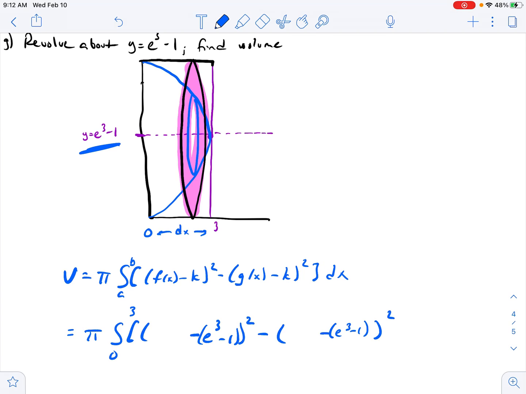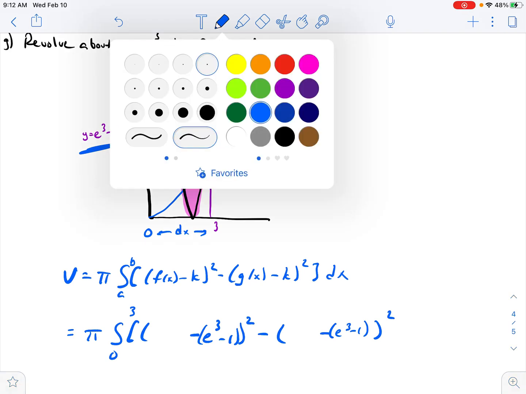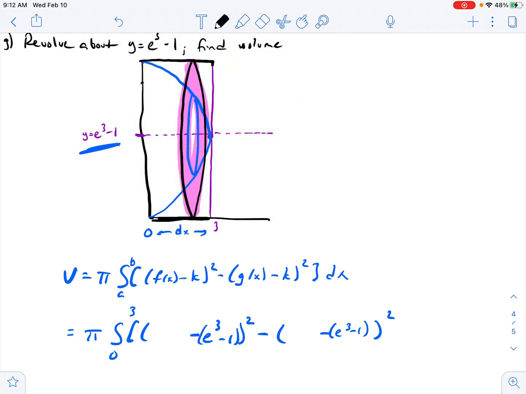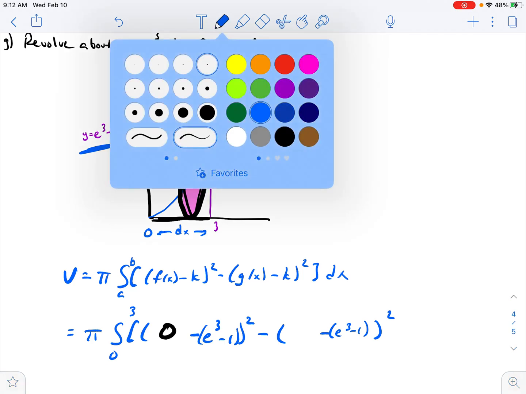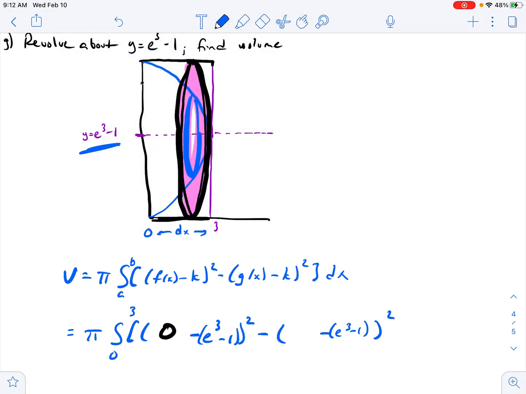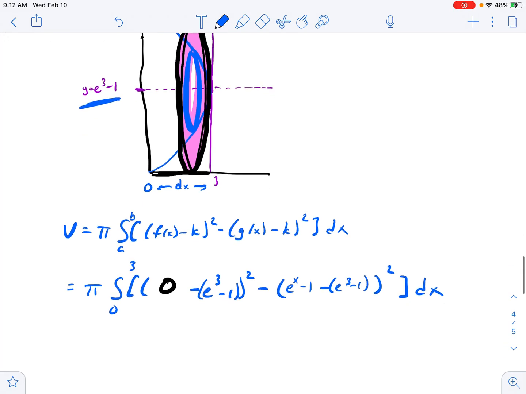Okay, I'm subtracting those, e cubed minus 1, from, okay, the larger circle actually came from the original x-axis. This is the biggest circle. And again, that's just the line y equals 0, so that goes in there. All right, and then the smaller one came from this original blue function, and that was your e to the x minus 1 function. Close that up, put a dx at the end, and there we have it.